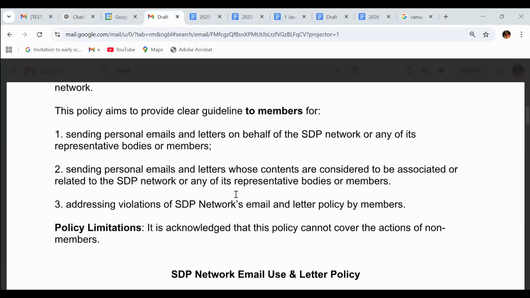I think we just need to clarify that if it's SDP business, this policy applies. If it's not SDP business, this does not apply. If we can add that, that makes sense to me.